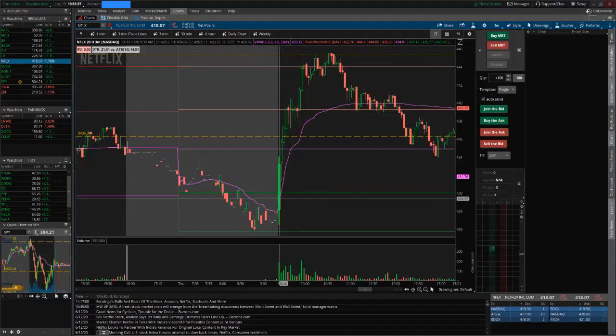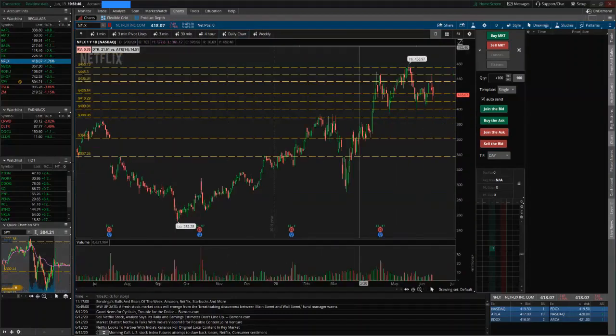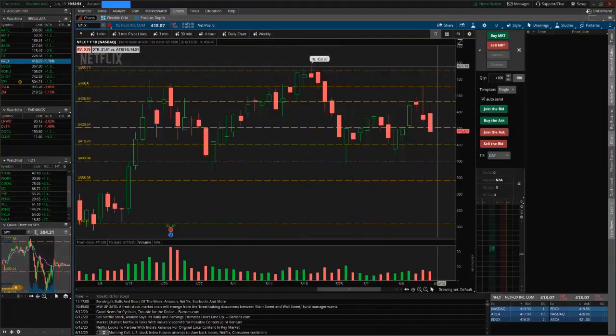It just shot straight up. It blew through this line, which was not valid because we have a pivot line there, but it's too far away. So the next level of interest was the 445, 444 line. So this is my line. And if you go back to the daily chart, you can see here's that resistance at 444, 445.